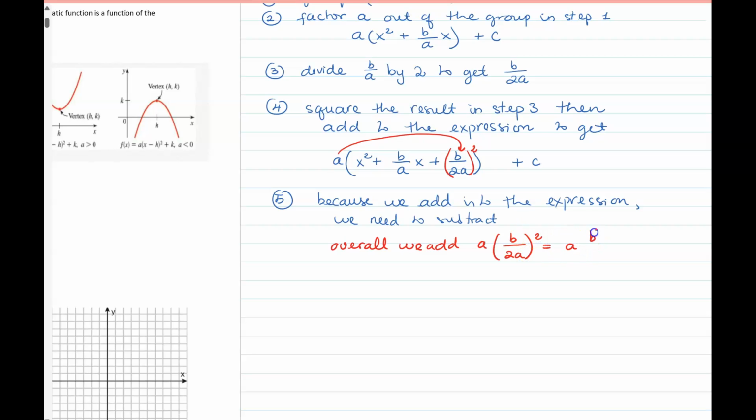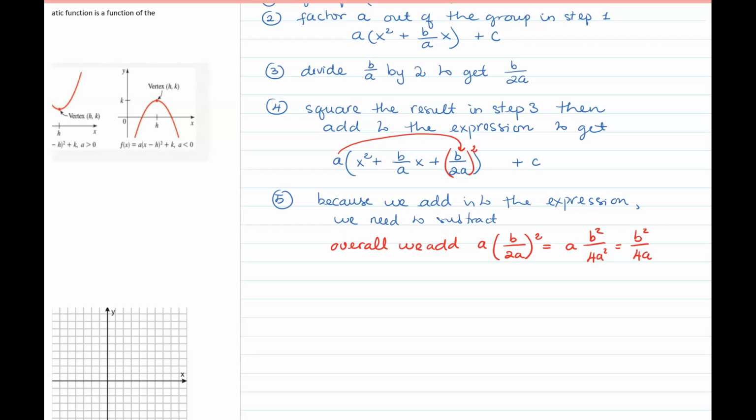That's a times b squared over 4a squared. That's b squared over 4a. And this is what we need to subtract out.